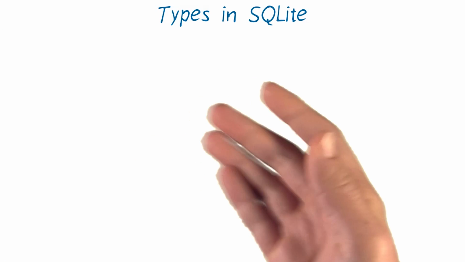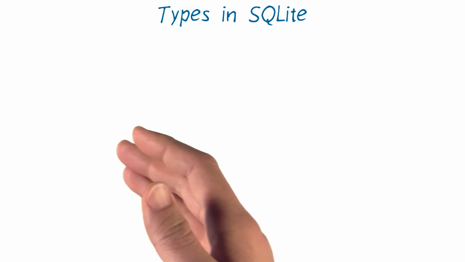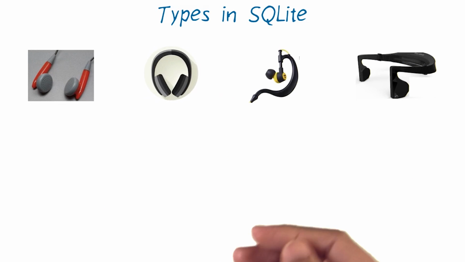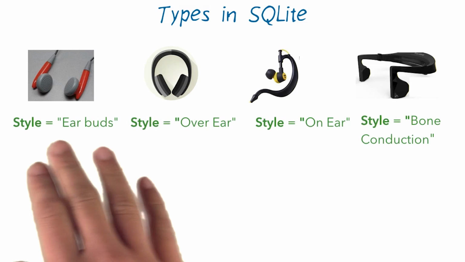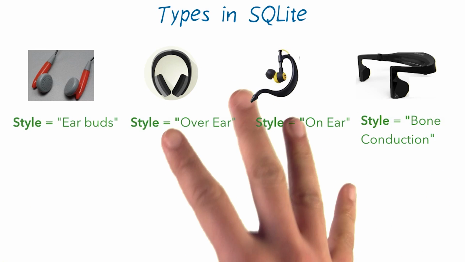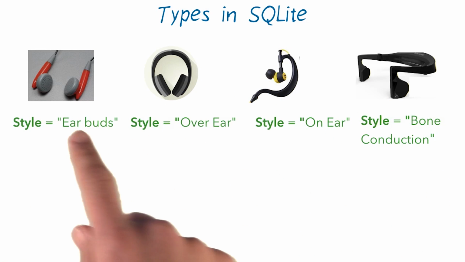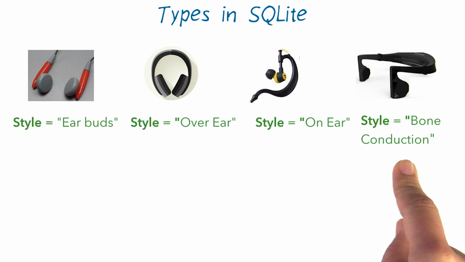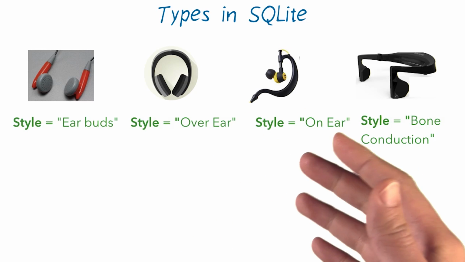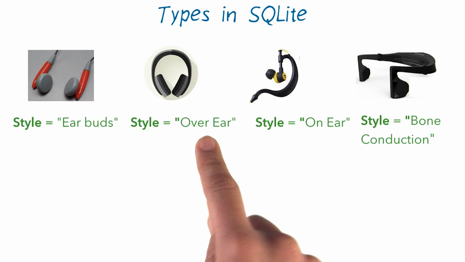Let's take a look at an example where we're associating integers with values, looking at our headphones example from before. One of the attributes for headphones was style. Let's say there are 4 different styles that the headphones could have: earbuds, over-ear, on-ear, or bone conduction. One way we could store all these values is as text.